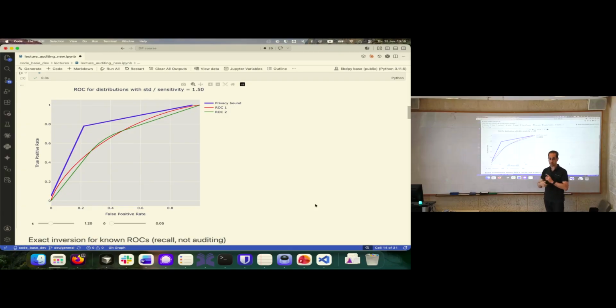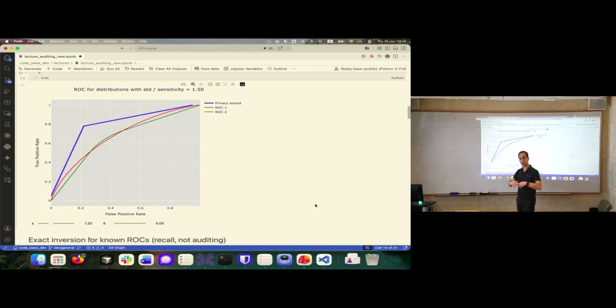This is still not a privacy proof because this is the ROC corresponding to a particular pair of data sets. But if somehow I manage to convince you that these are the worst data sets in some way, meaning these are the data sets that induce the ROC that is the furthest away from the diagonal, then if even that pair of distributions still has an ROC that's below this line, we're good.